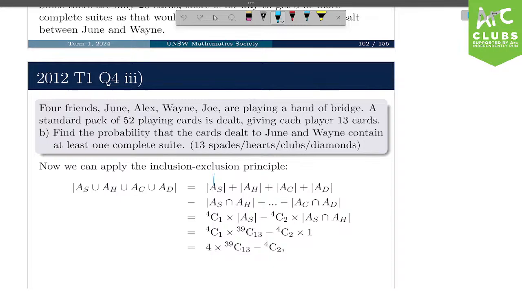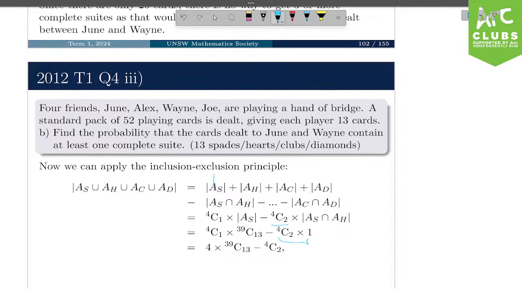But if we do it this way, we double count every time they get two complete suits. So we have to subtract each time they get two complete suits. But for them to get two complete suits, there's only one possible way. So there's just going to be 4 choose 2 times 1 here.